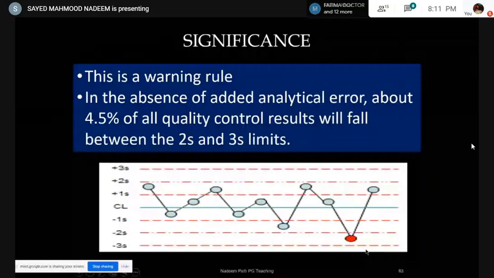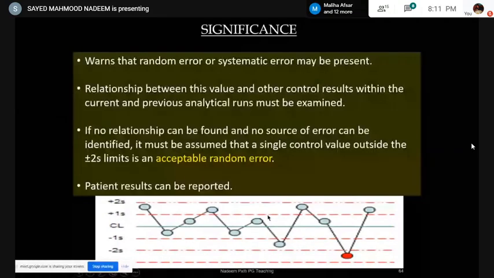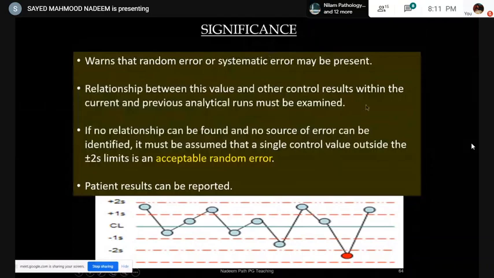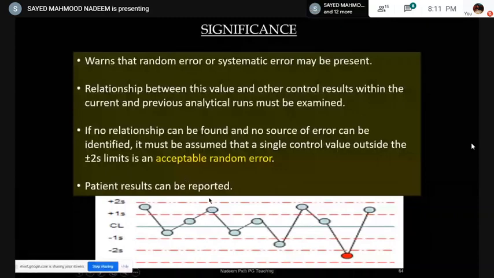So it warns that a random error has occurred or a beginning of a systematic error may be in progress. If there is no relation of this value with any other value, patient reports can be released and this can be considered as an acceptable random error.